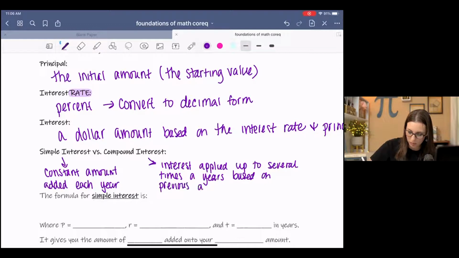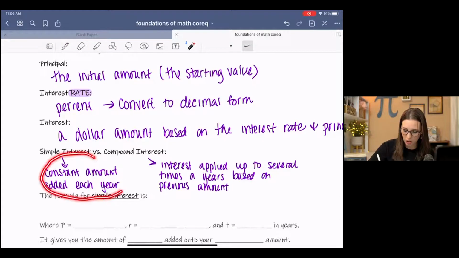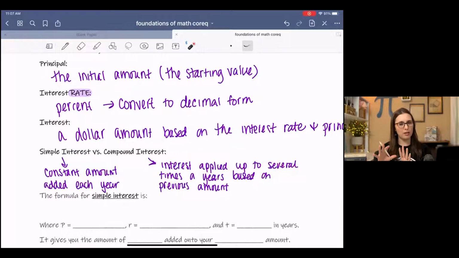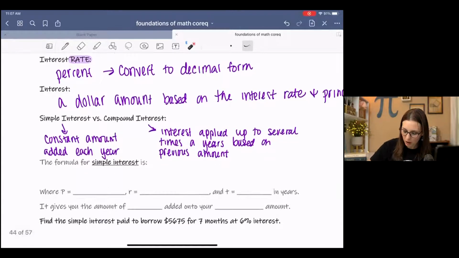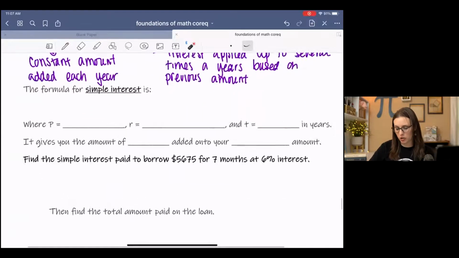So they're different in the sense that simple interest is going to be a constant amount each year, more like a linear type function, and compounding is going to be more of an exponential type function. You don't have to worry about that necessarily for this lesson. I'm just trying to show you the difference. So we are just looking at simple interest today.